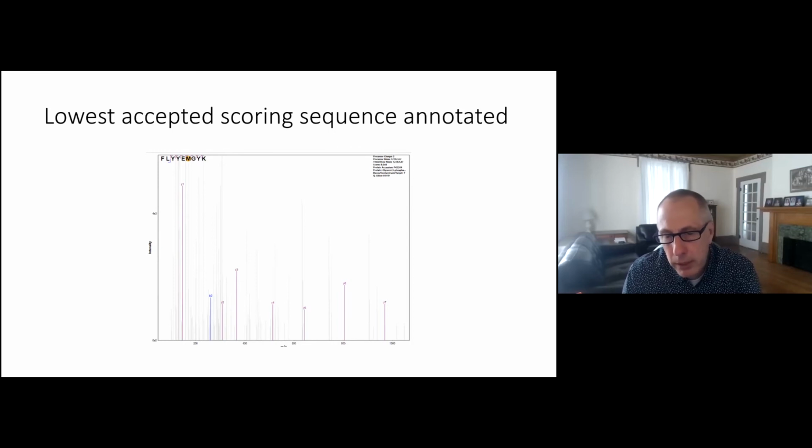So yes, Colin, in this particular example, there are other things being isolated and fragmented at the same time. One thing that MetaMorpheus does that I haven't talked about is that the data file produced by the mass spectrometer will tell you we isolated 800 M/Z for this MS2 spectrum, and most search engines just take that and go with it. What MetaMorpheus does is go back to the MS1 spectrum and look very closely to see if there are other peaks in that vicinity, and we attempt to match them all.